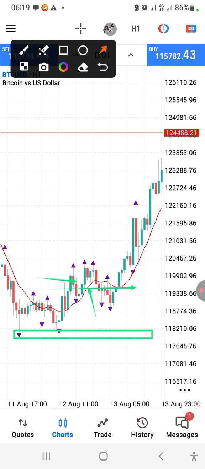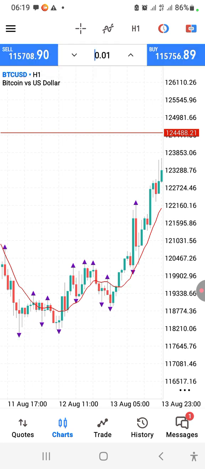The answer might be no. Because why? You need to get a confirmation. The confirmation is this pullback. The pullback could not beat here.